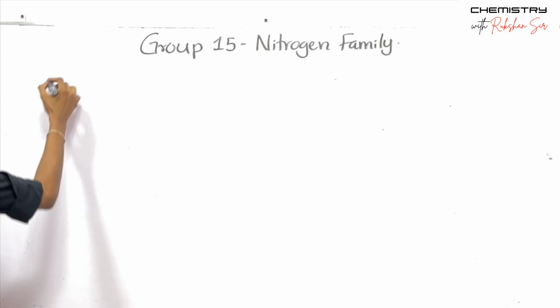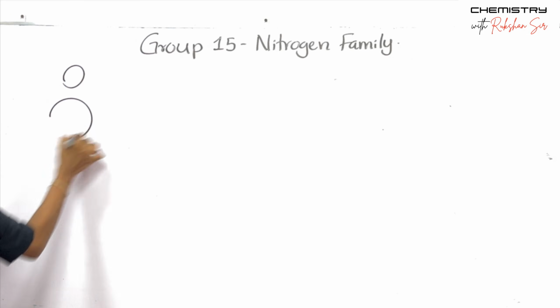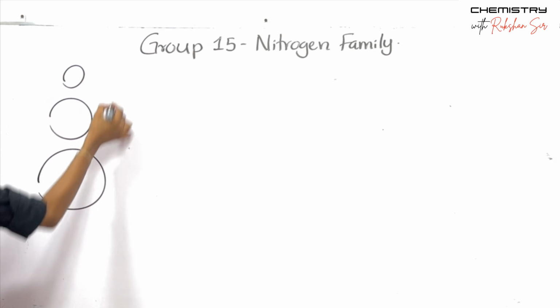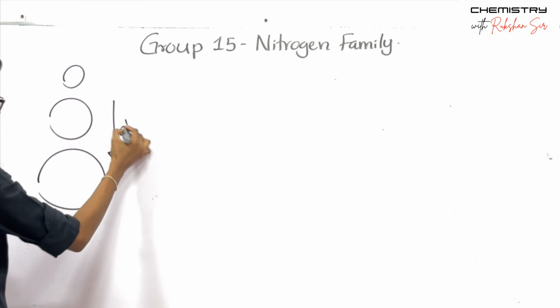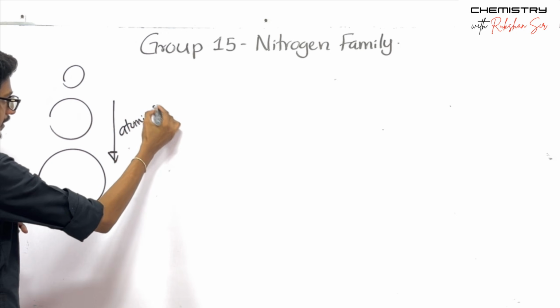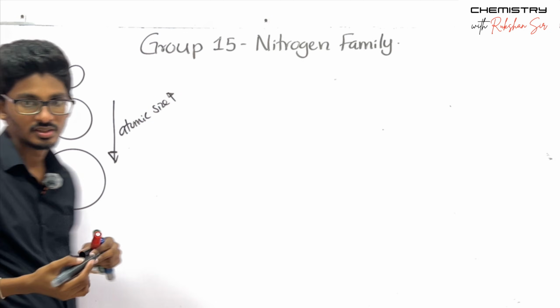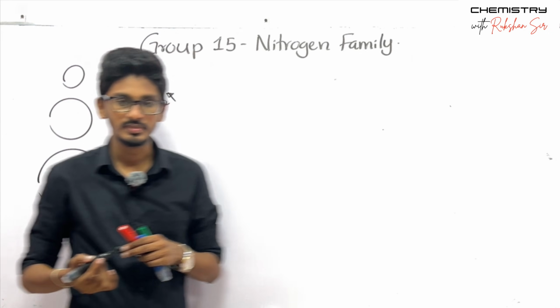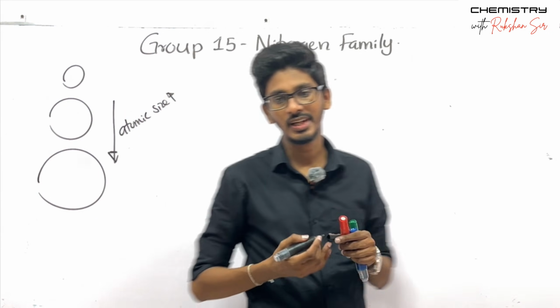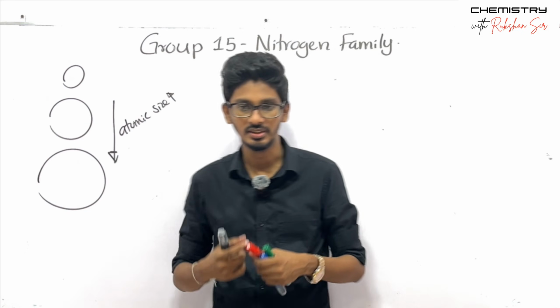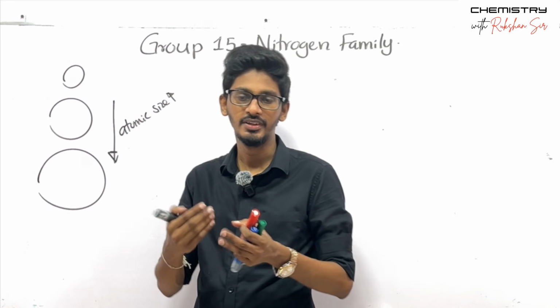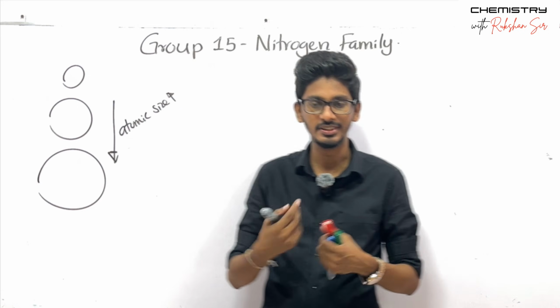Basically, going down the group, as atomic size increases, one may think that the ability to get oxidized increases, so that the greatest oxidation state, the +5, can be shown by the last element easily. That is the normal idea when we think of this situation.